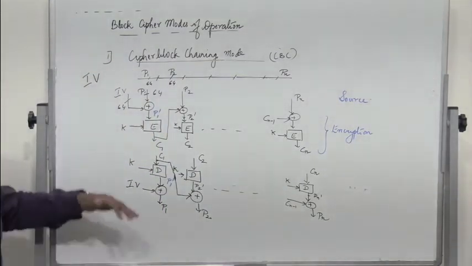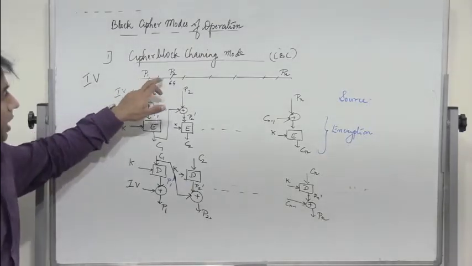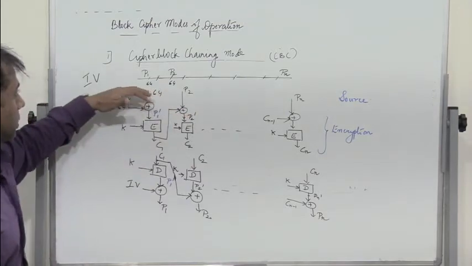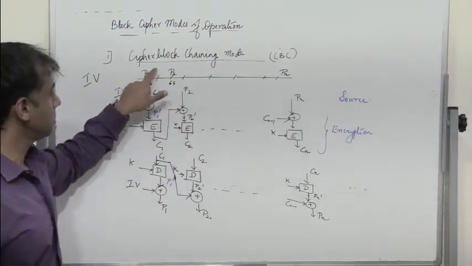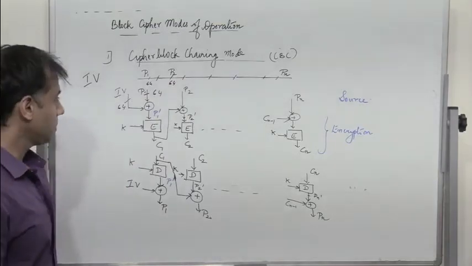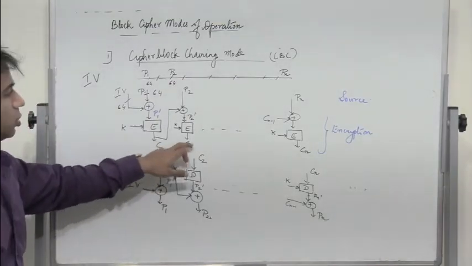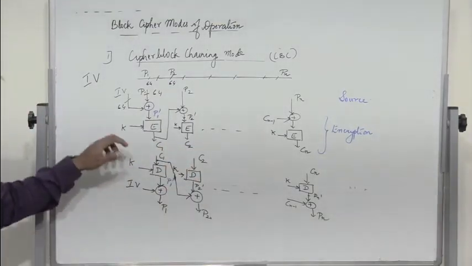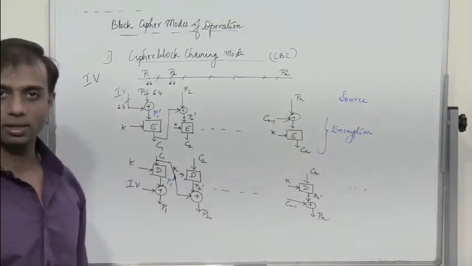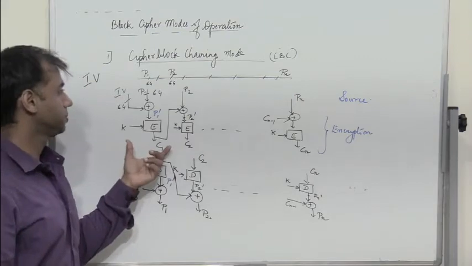So now what happens, even if I have the plain text blocks which are the same or which are repeating. Now if we assume that P1 is equal to P2 is equal to P3, then I will not get C1 equal to C2 equal to C3. Now why is this so? In the first case, P1 is XORed with the initialization vector. So I get C1.